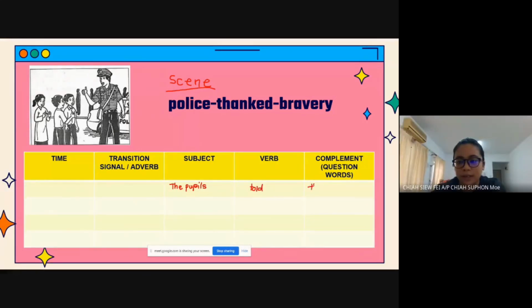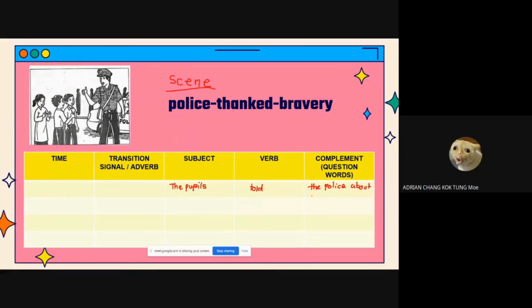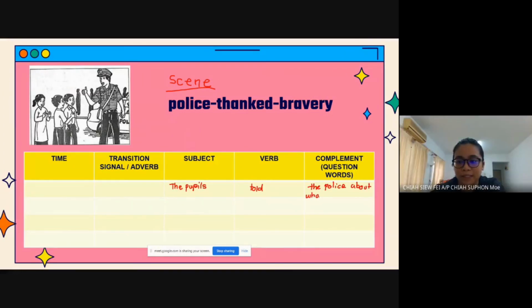About the scene that happened just now. About what happened. Okay, like this, I change your sentence a little bit: told the police about what happened at the scene. Okay, that is how you use it.